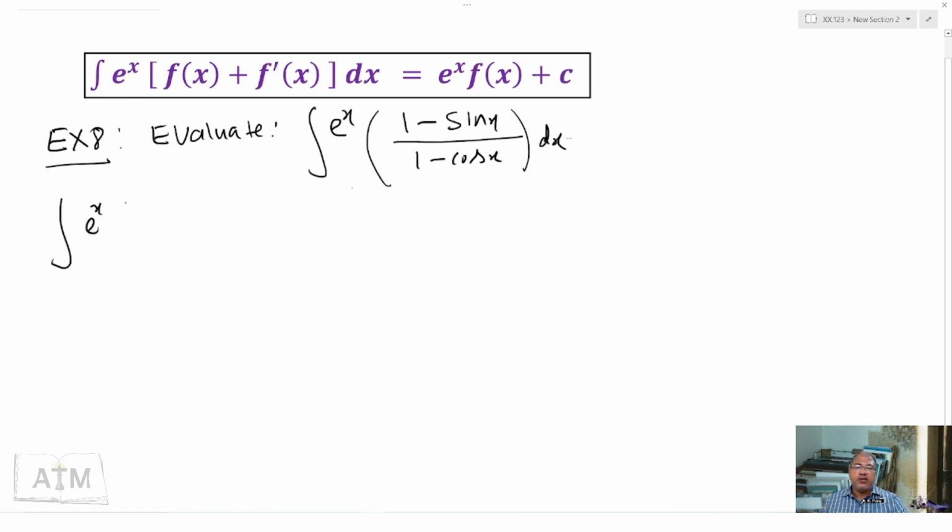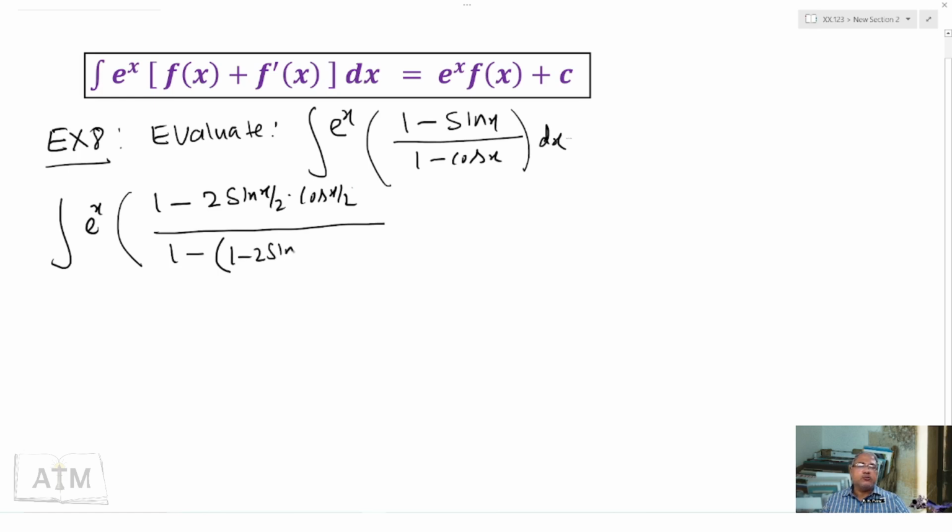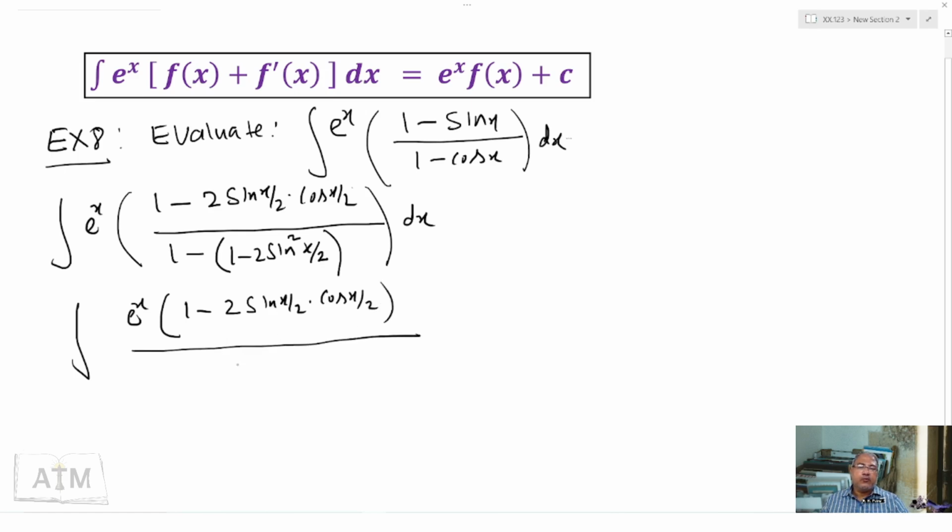So integration of e raised to x (1 minus sin x) can be written as 2 sin x by 2 dot cos x by 2 upon 1 minus, here cos x can be written as 1 minus 2 sin square x by 2, with respect to x. Now opening the bracket in the denominator, we get 2 sin square x by 2 with respect to x.